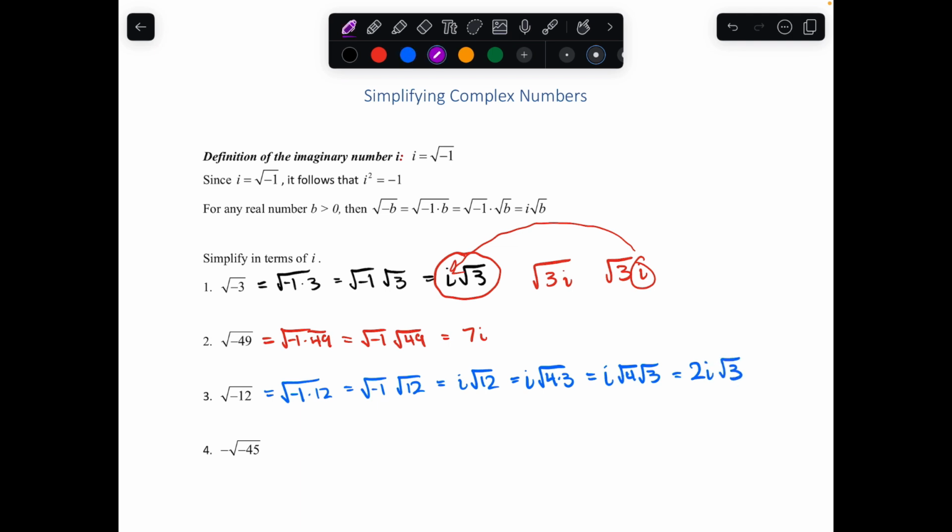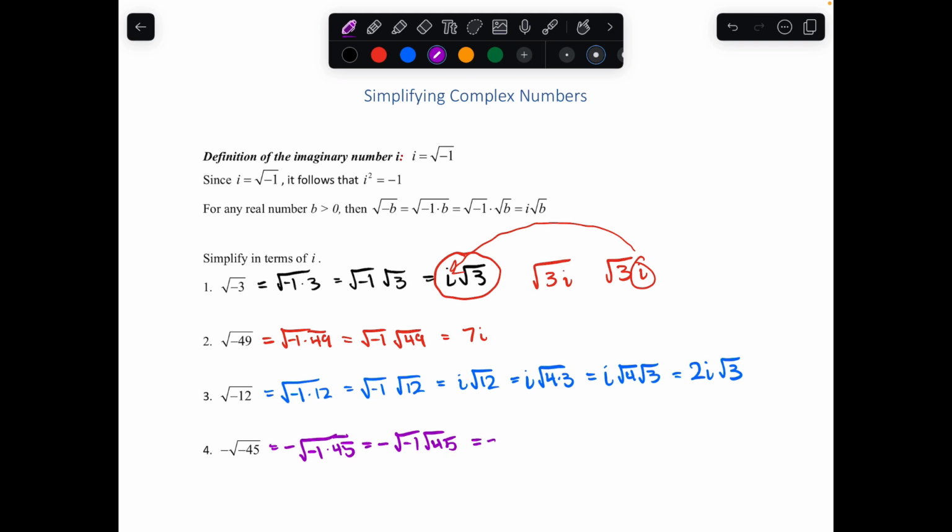Moving on to our next problem, we have negative square root of -45. So let's follow our process. We have negative square root of -1 times 45. Which then becomes negative square root of -1 times the square root of 45. Now we have the square root of -1, so that becomes i, but we have a negative sign out in front, so it's negative i.